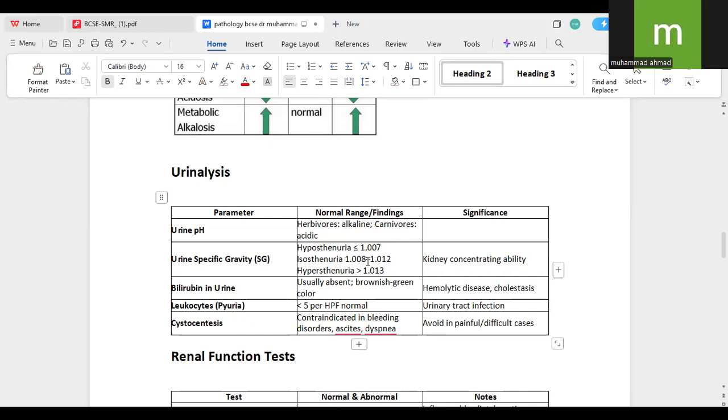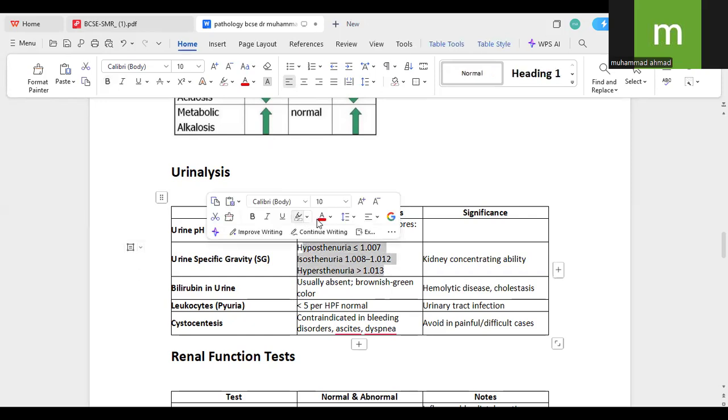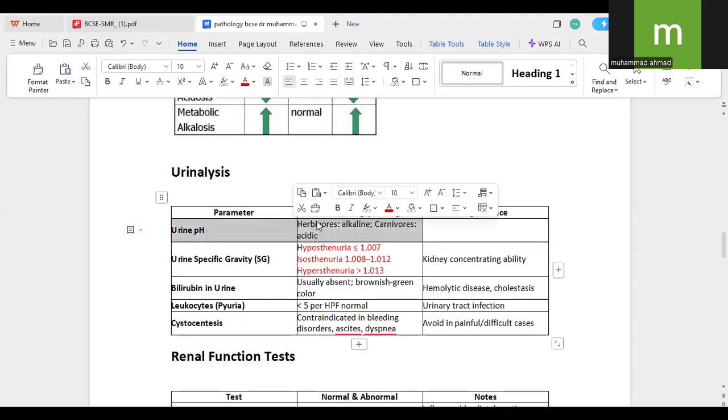Isosthenuria is when equal to the plasma, and hypersthenuria is when specific gravity is increased compared to the plasma. So these values are important. This is also important: in herbivores, alkaline urine, and in carnivores, acidic urine.